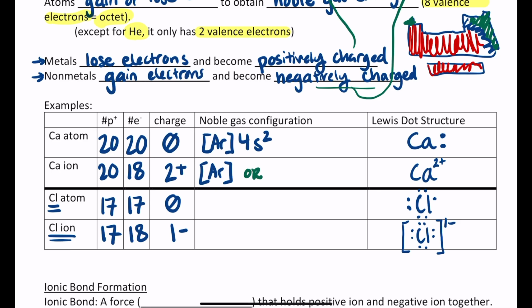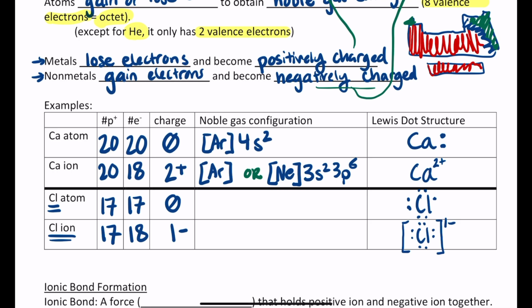So if we were to draw the electron configuration of something like argon, normally we go to the noble gas that comes before argon, like neon, and we say everything that comes after neon all the way up to argon. So in this case, that would be 3s2 and then 3p6.